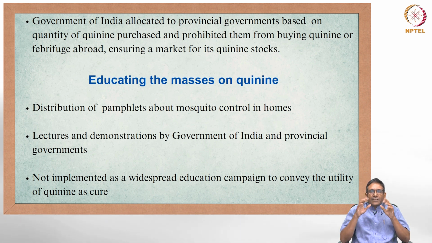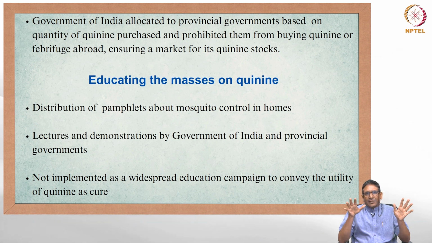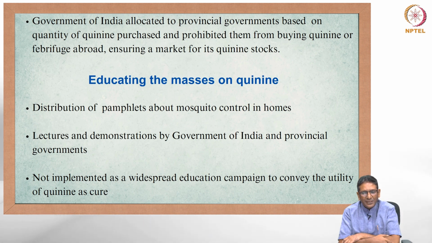So thus the central government throughout had a very controlling presence, coordinating all India efforts, so that there was some level of control on the demand and supply, on the pricing, on the market.